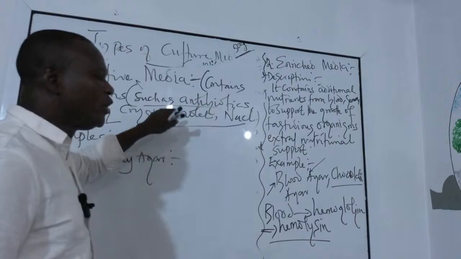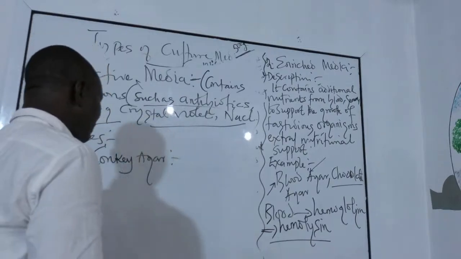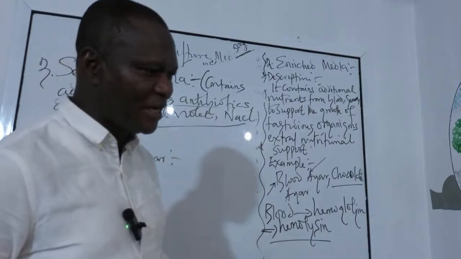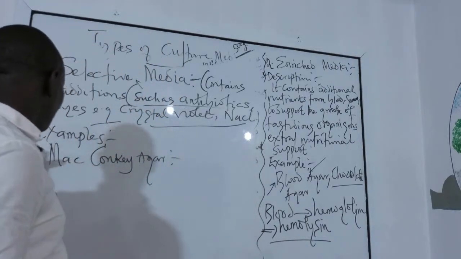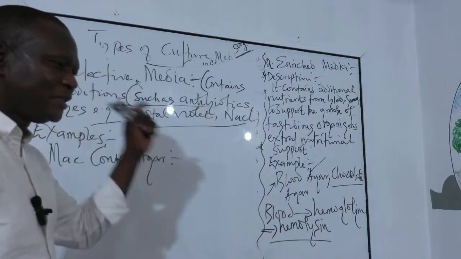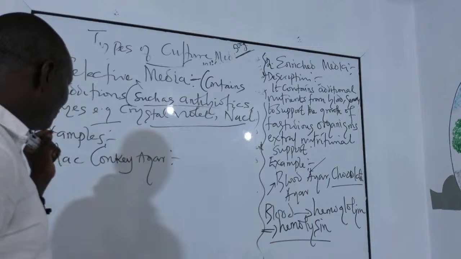These two will not allow gram-positive to grow. That means any bacteria that grows in McConkey must be gram-negative.